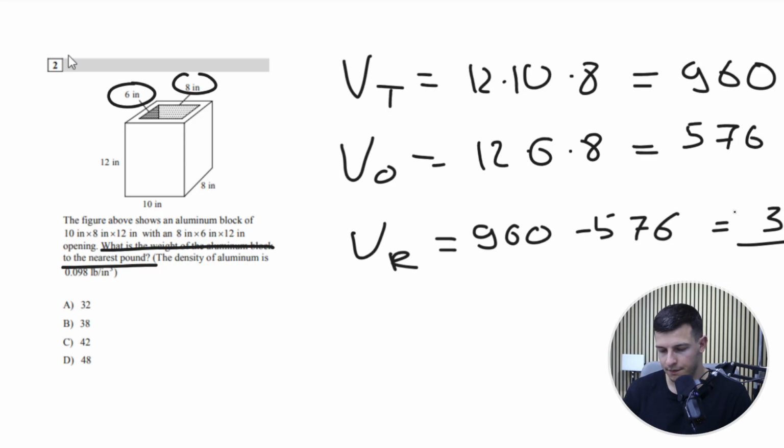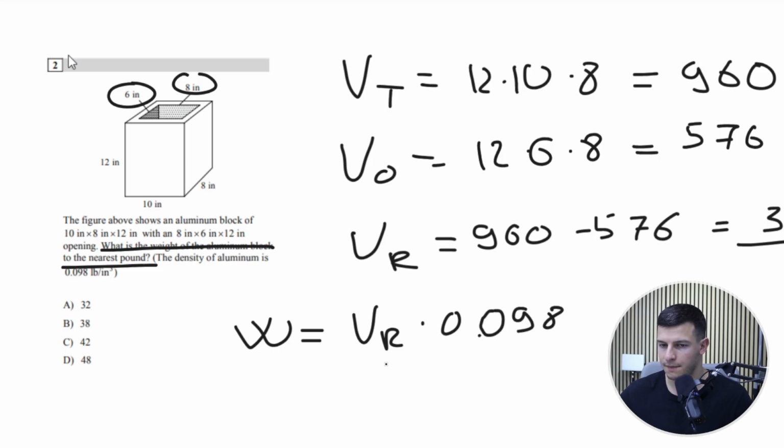So to find the mass, because we're looking for weight, weight is going to be equal to volume times the density, 0.098.